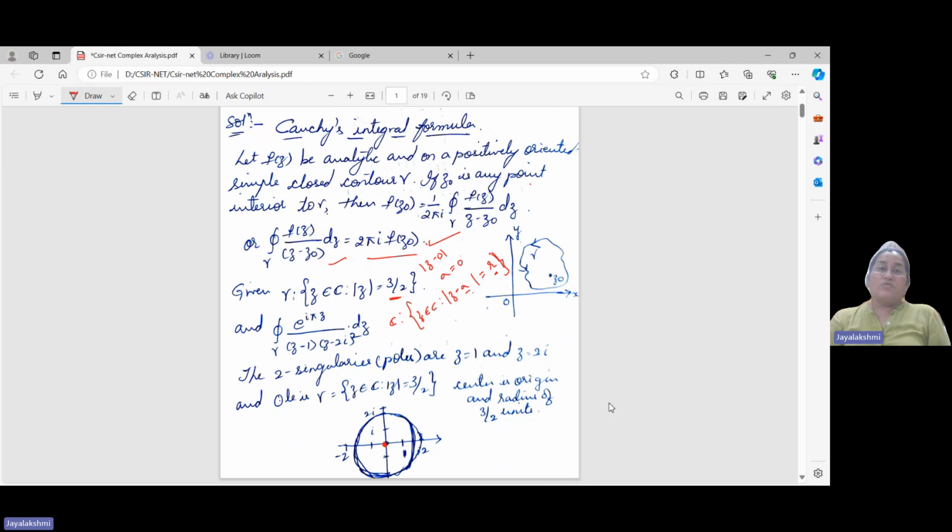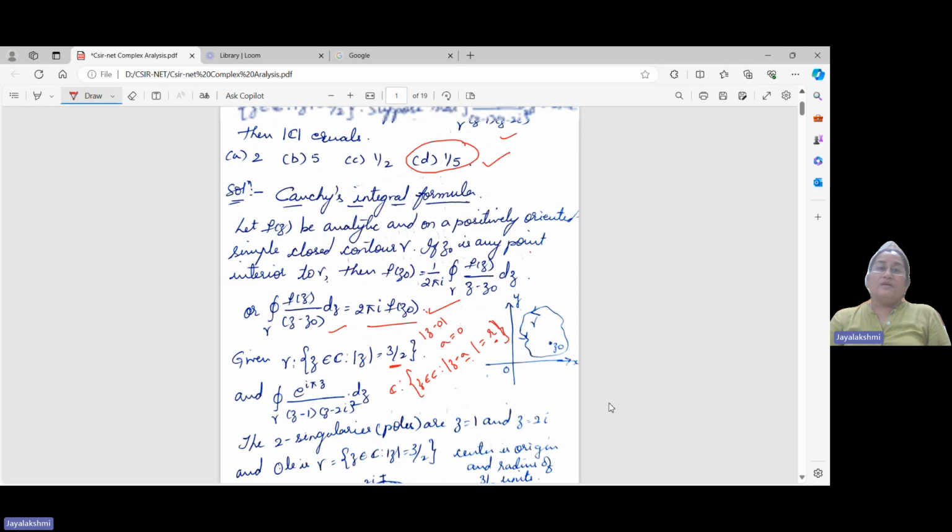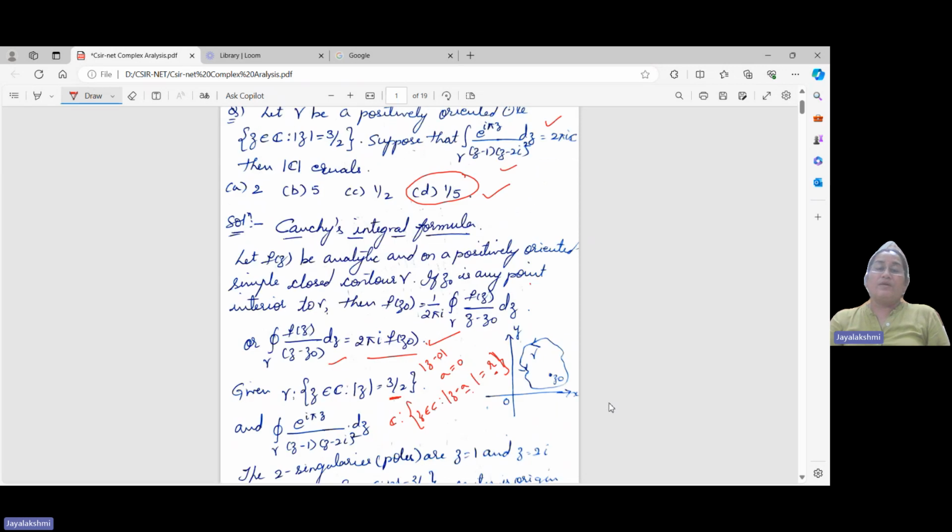Now, in this given question, the integral given to us is the integral over gamma of e to the power of i pi z by (z minus 1) into (z minus 2i) whole square. Now we have to figure out the singularities of this integral.